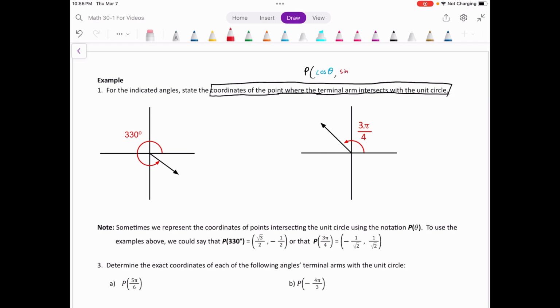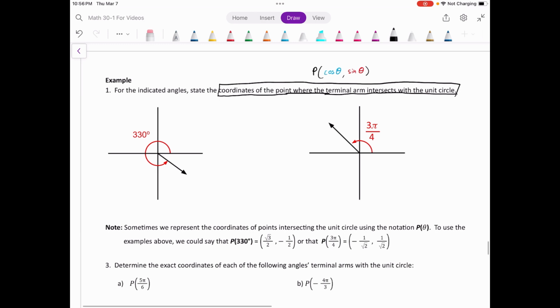Since if it's intersecting with the unit circle, we have an r of 1, and therefore cos is x over r. It's just x, the x coordinate of that point. Sine is y over r, so y over 1. So it's just the y coordinate of that point. So that's really all we're being asked to find. Cos of this angle and sine of this angle. Then same for this angle.